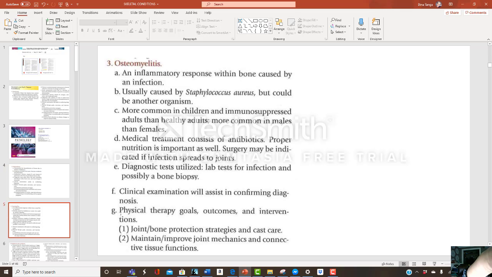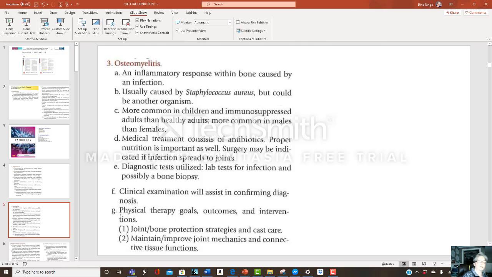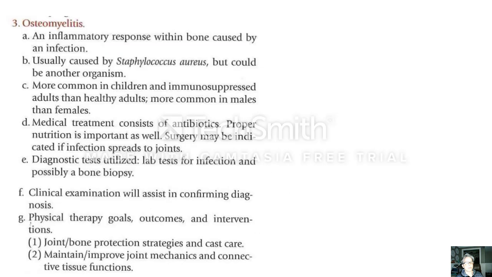Go ahead and make this. Okay, osteomyelitis, an inflammatory response within bone caused by an infection, usually caused by staph, but could be another organism.